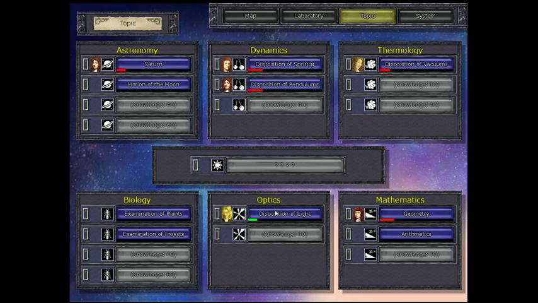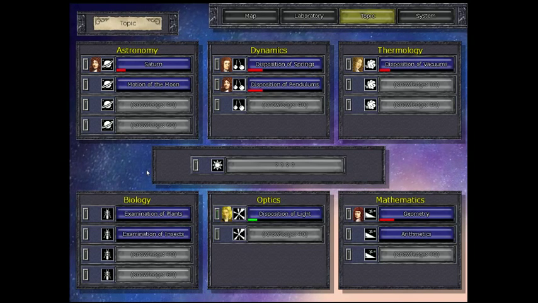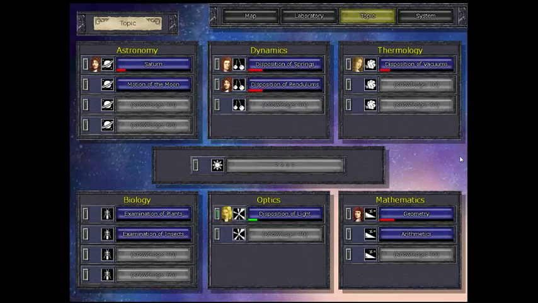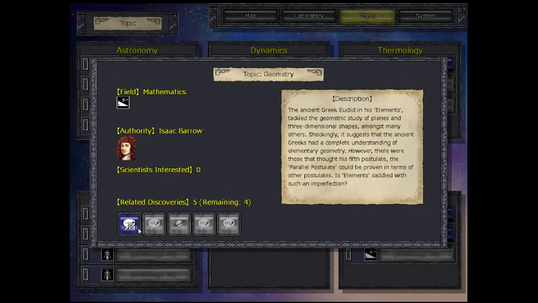So the option right now is, do I continue in the field of optics, or could I go into arithmetic, because I do have a mathematic tool? Or should I try geometry? I could eclipse Barrow in two subjects.